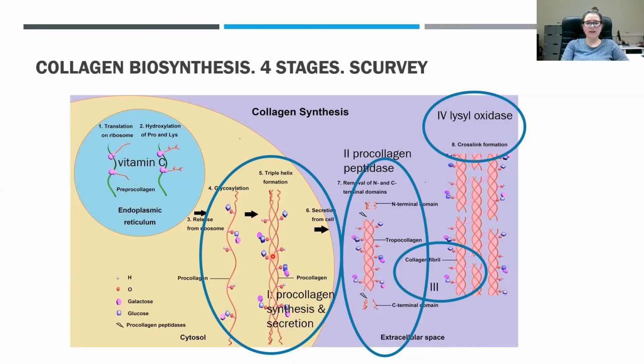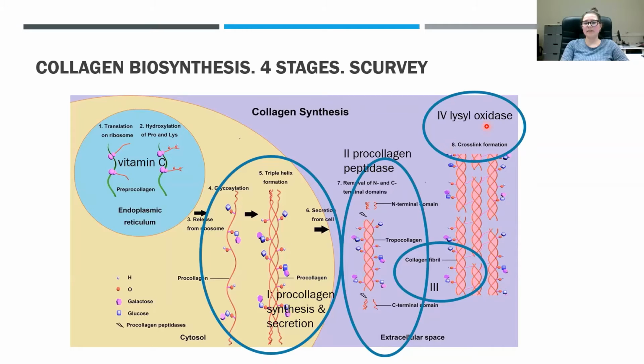Then it is secreted out of the cell to the extracellular space, and procollagen peptidase removes the N and C terminal domains of the triple helix, so that we get to the third stage, which is collagen assembly.